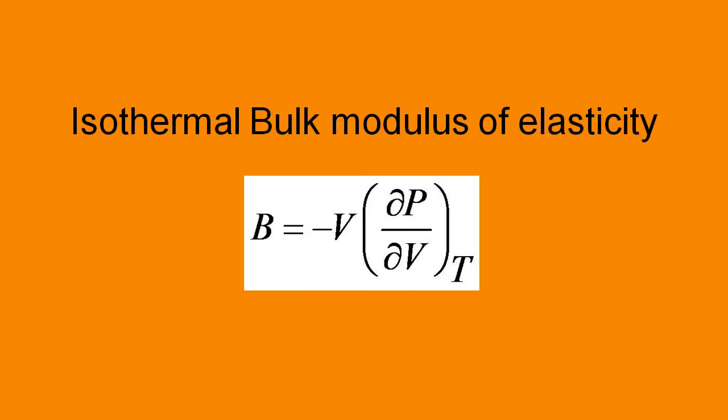So dV is positive, but dP is negative. Here also the product of this minus sign and the minus sign of pressure cancel. So that is the isothermal bulk modulus of elasticity. And this term isothermal is common to you, which is at a constant temperature. That is the meaning. Iso means constant.